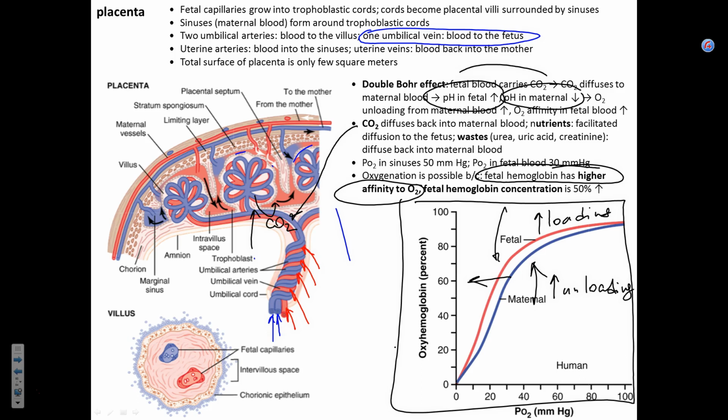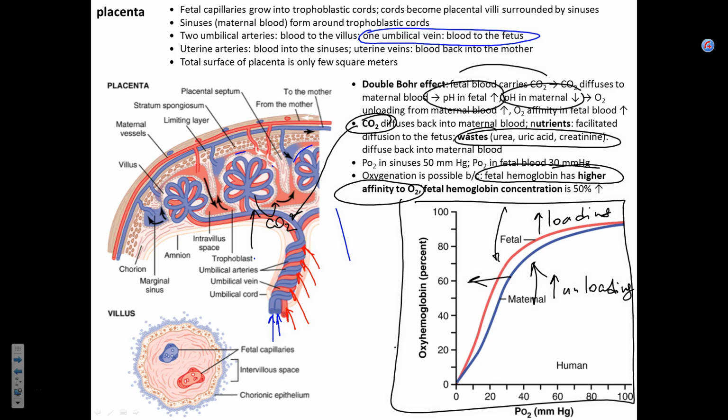Now, what diffuses where? Basically, maternal blood receives carbon dioxide and wastes. So what are the main wastes? Fetus, does it have metabolism? Sure does, right? Speaking of metabolism, what are the two products of oxidative respiration? CO2 and water. So CO2 goes into the maternal blood.